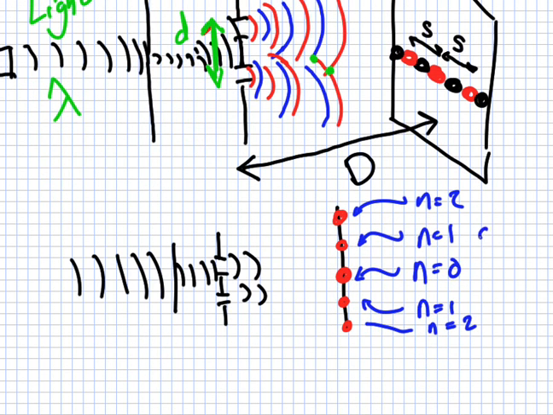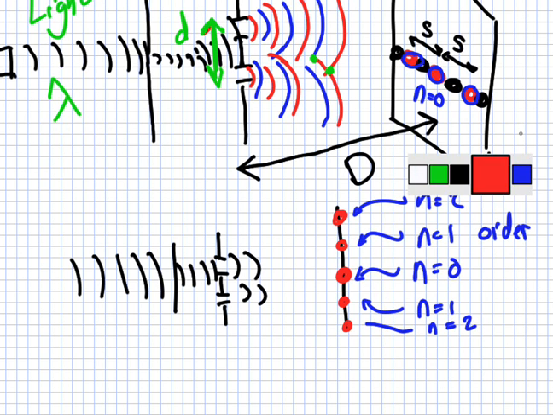These are called the order. So for example, this dot right here in the middle, we say this order is n equals 0, and then this is the first order, and then after that is the second order, and so on.